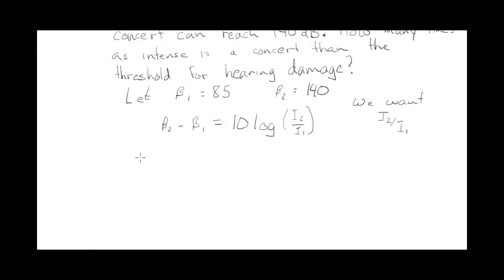So beta 2, that's 140, minus beta 1, that's 85, equals 10 times the log of I2 over I1.